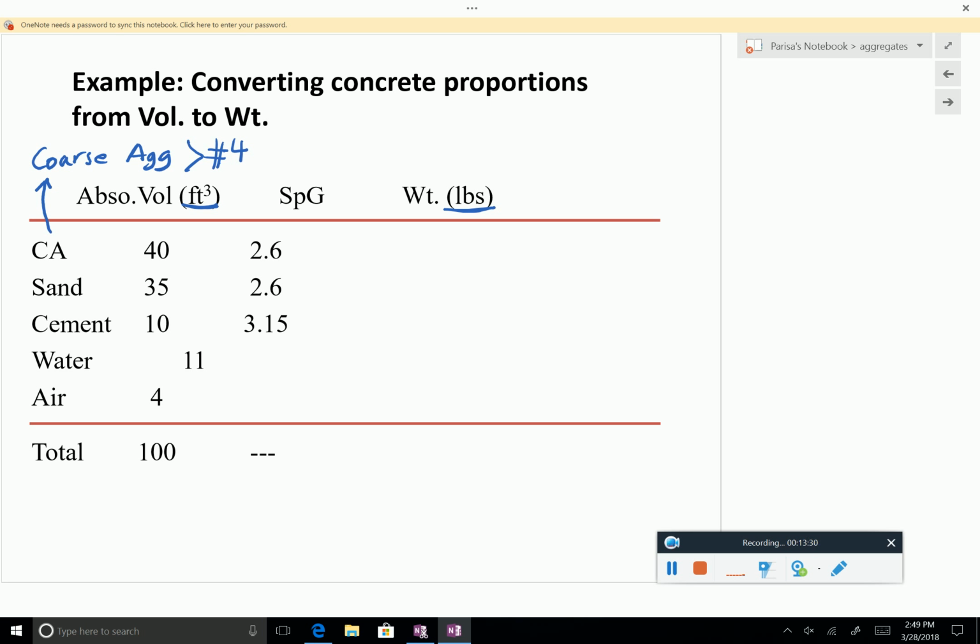So that's a specific gravity. It's not density. If it was density, you would just multiply it by the volume. But this is density divided by density of water.